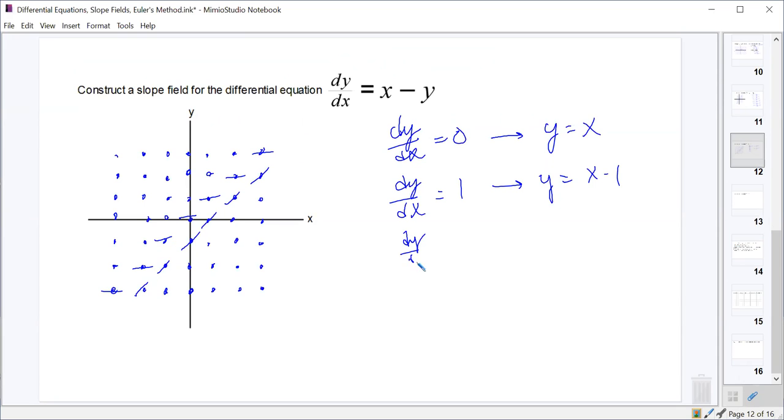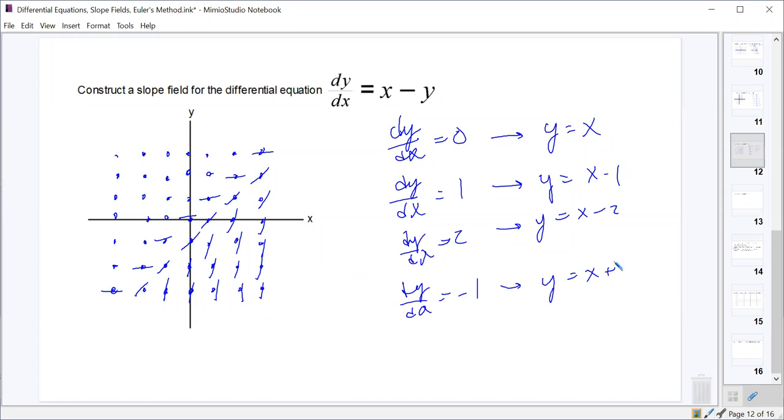And we'll probably note that as we increase dy/dx, we're just getting the next line down. So a slope of 2, then a slope of 3, and a slope of 4, a slope of 5, and a slope of 6, getting steeper and steeper. And if we went the other direction, dy/dx equals -1, that should be y equals x plus 1.